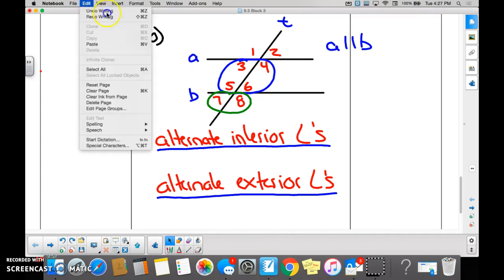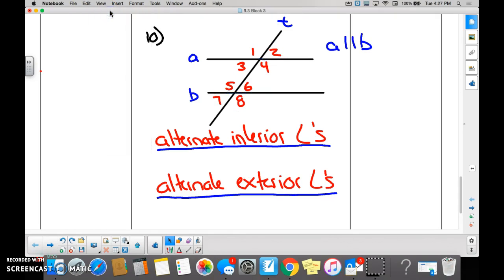Okay, so I'm going to delete this so we have more room to work. Okay, so alternate interior angles. Let's just look at 3, 4, 5, and 6 because those are our interior angles. Angle 5, interior. Alternating the transversal would be angle 4. Angle 5 and angle 4 are alternate interior angles.